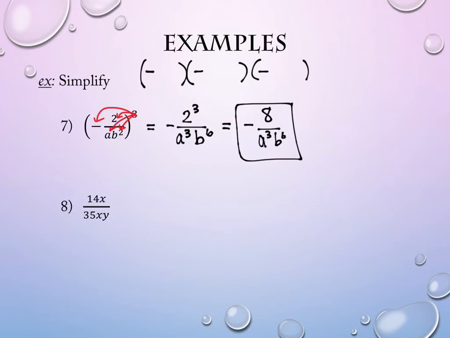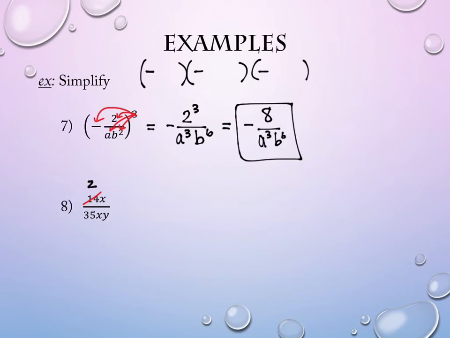All right, number 8. So number 8, we actually could have done without properties of exponents. It actually reduces very nicely, but it shows up again in this section because it does actually have some of those commonalities. I can look at my numerical, like my coefficients, the numbers. I have 14 over 35. What do they have in common? They have a 7. So what is 14 divided by 7? It is 2.